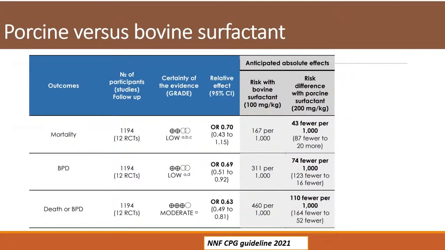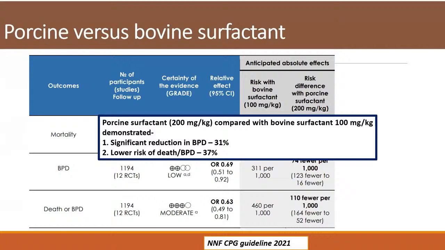Now, amongst animal-derived natural surfactant preparations, there have been studies that have looked at comparison of porcine versus bovine surfactant, and it has been seen that porcine surfactant administered at a dose of 200 milligram per kg phospholipid when compared to bovine surfactant at 100 milligram per kg demonstrated significant reduction in bronchopulmonary dysplasia and the combined outcome of death and bronchopulmonary dysplasia, both by around 30 to 40%.